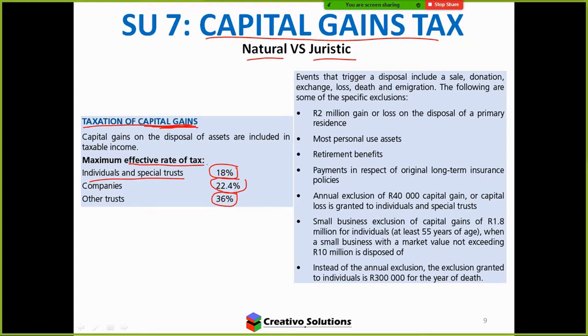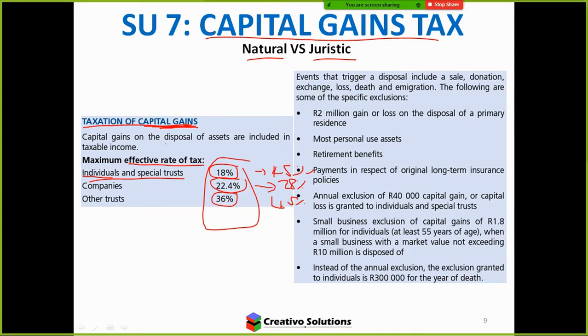Obviously from a tax perspective, it would be better to be taxed according to these rates than according to the normal rates. Because remember, individuals and special trusts can go all the way up to 45% tax. Do you remember that? Yes. Companies tax can be as high as 28%. Do you remember that? Yes. And other trusts up to 45%. Remember that? Yes.